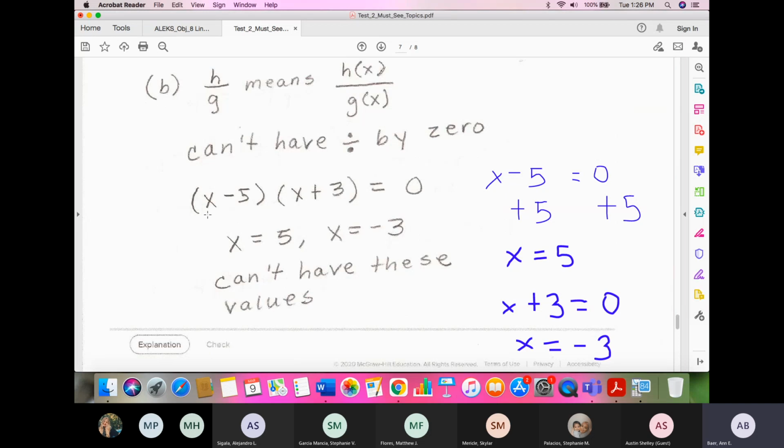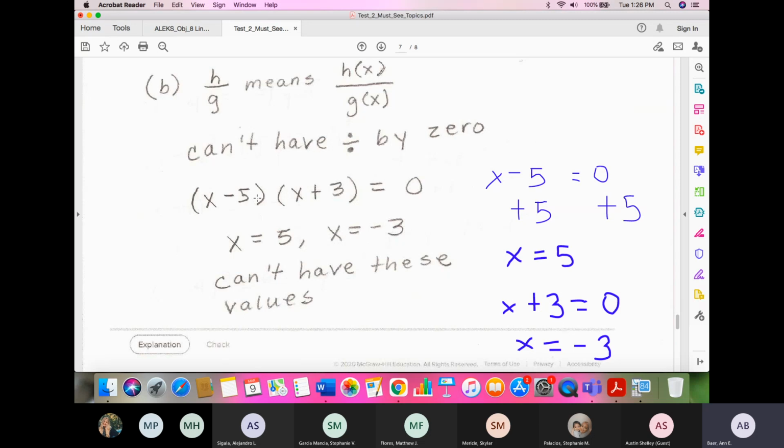So how do we solve this kind of equation? Well, the only way we can get this real number times this real number to be 0 is if one or the other is 0.